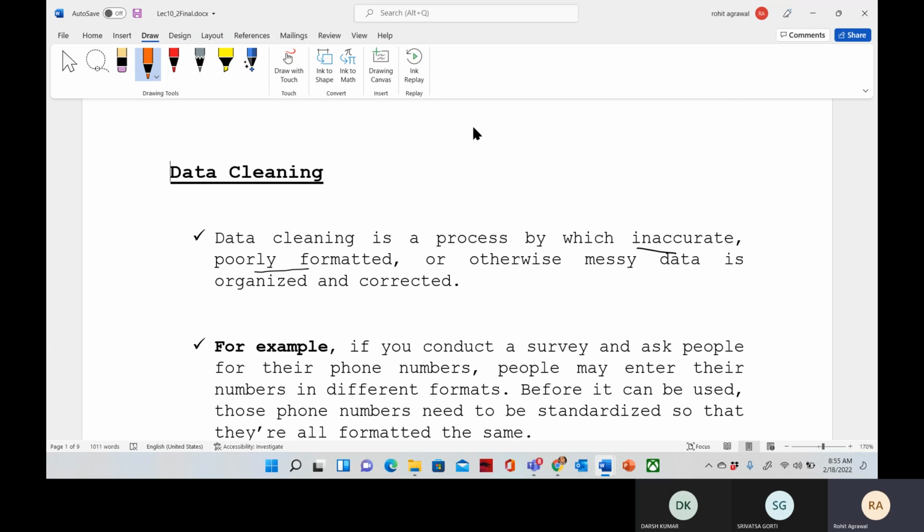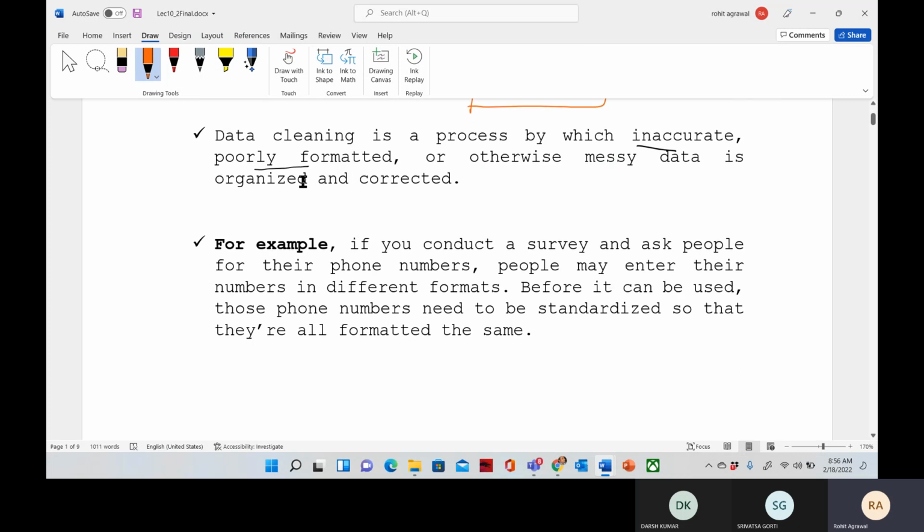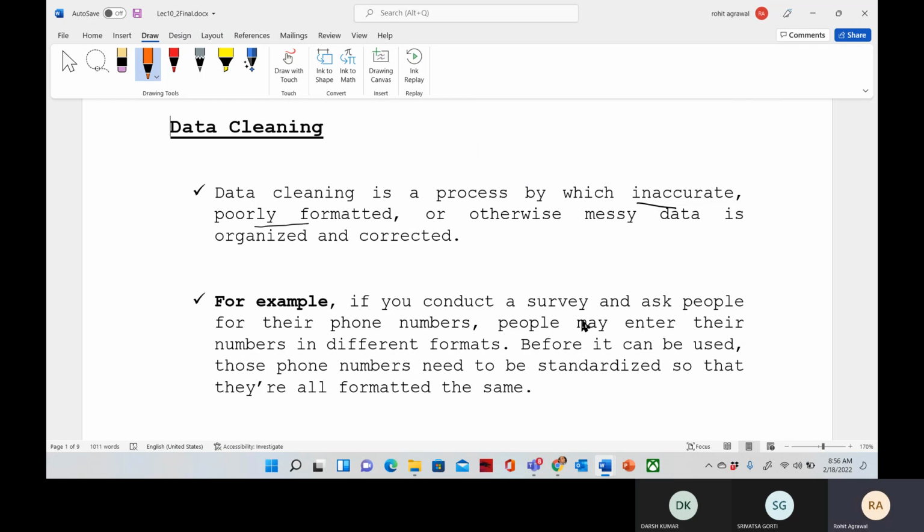I will give you an example here. Suppose you conduct a survey and ask people for their phone number.